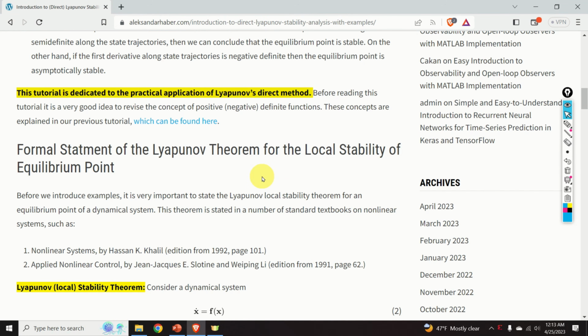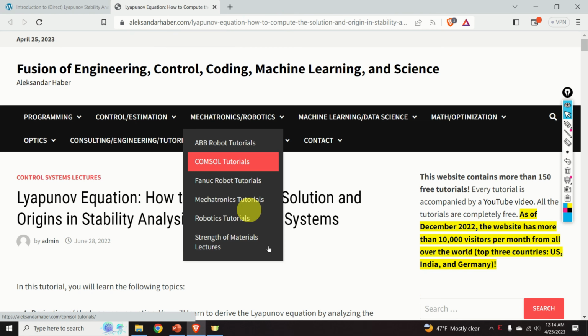This tutorial is dedicated to the practical application of Lyapunov's direct method. Before reading this tutorial, it is a very good idea to revise the concept of positive and negative definite functions. These concepts are explained in my previous tutorial, which can be found over here.